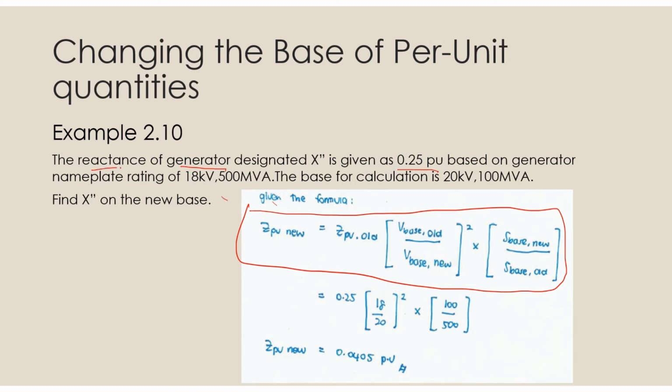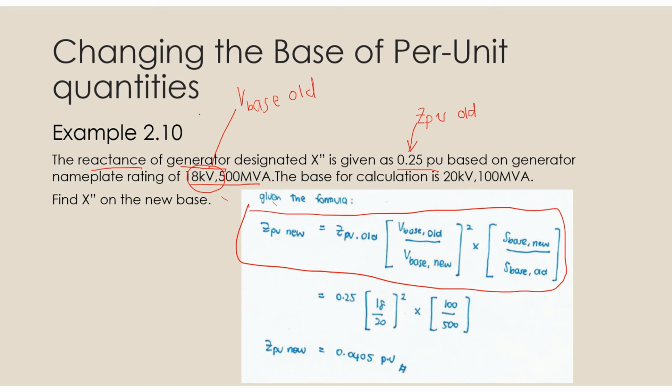Because the question gives you the reactance as 0.25, automatically you know that is your ZPU. That is the old one, of course, based on the generator nameplate. This is the first design of your generator, so this is your V base old.